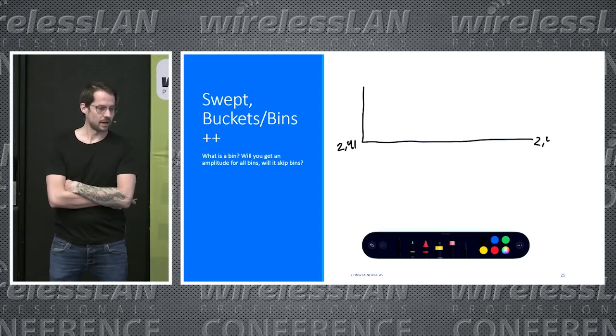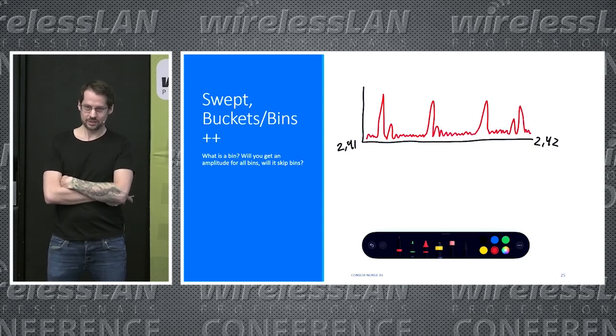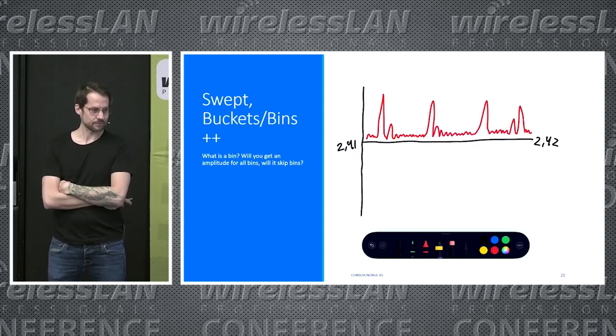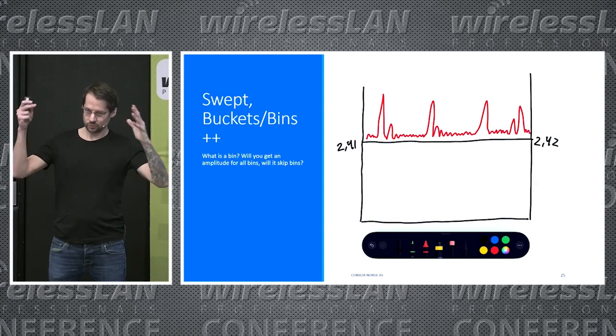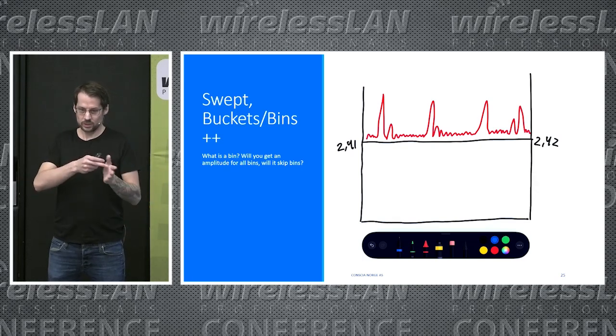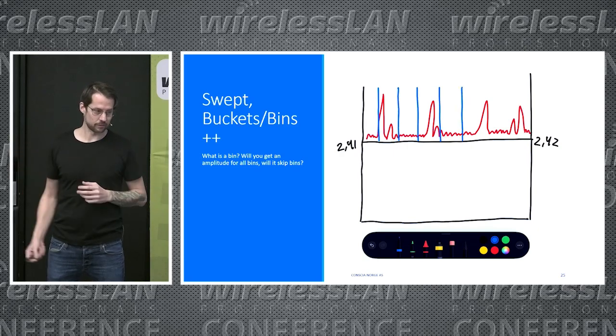So I'm going to show again from 241 to 242. Let's say these are Bluetooth signals jumping back and forth, and you look at this broad picture in your spectrum analyzer. What will it draw, depending on how wide your resolution bandwidth is?